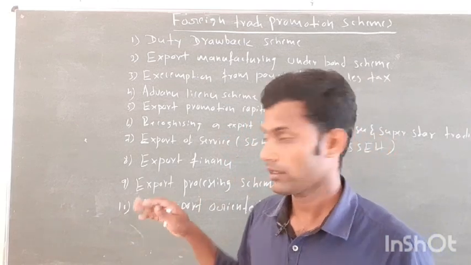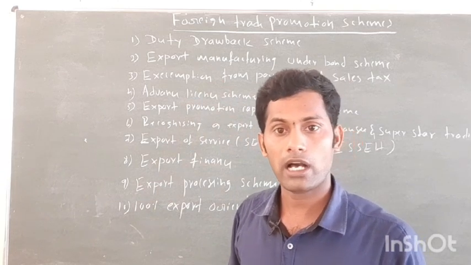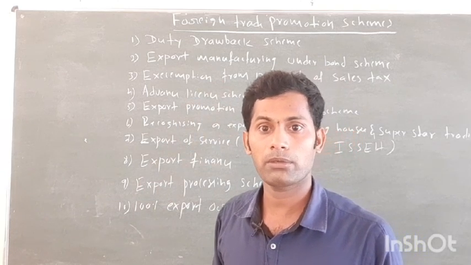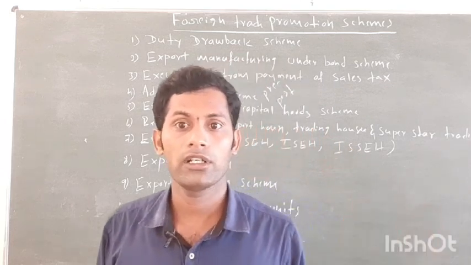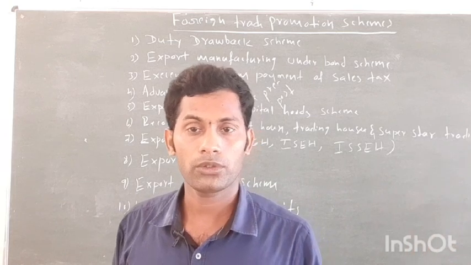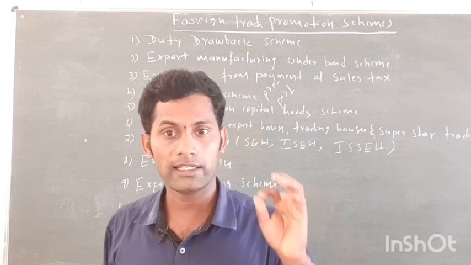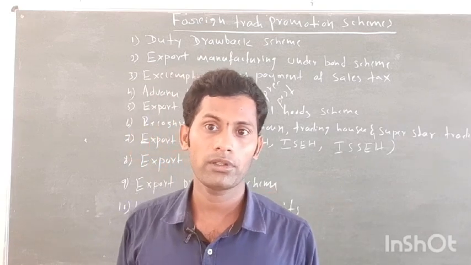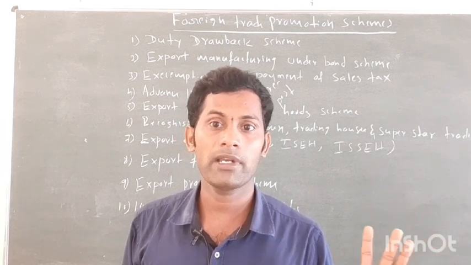Not only these 10 points, as I said, Make in India or Atmanirbhar Bharat is also one of the promotional activities, incentives to increase our export. As I said, one of the major problems, which no one is noticing, is our balance of payment deficit.